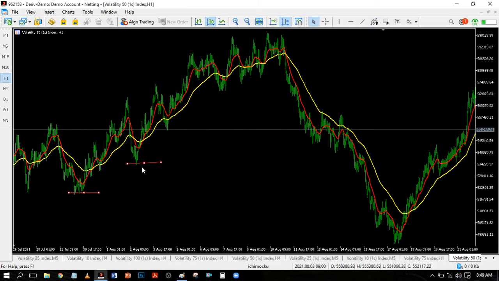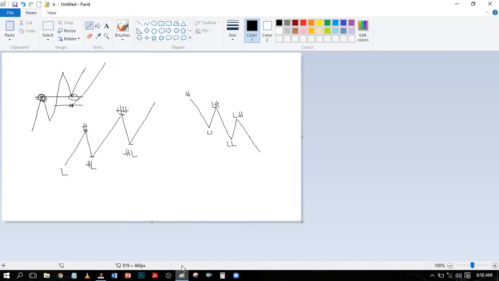The 13 crossed the 50 downwards, giving us a higher low, this is a pullback, then it crossed back upwards, then the 13 crossed the 50 again to give us another leg of the uptrend. Then the 13 crossed the 50 again to give us a pullback, then a higher low. You can see this is higher than this, so this confirms the uptrend.